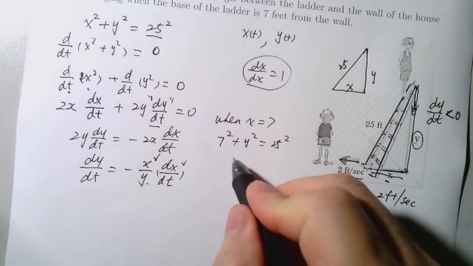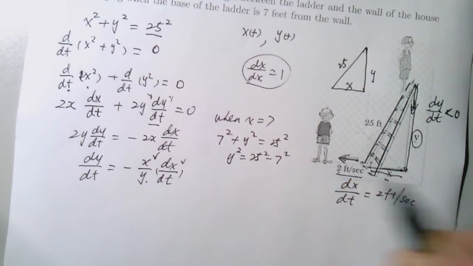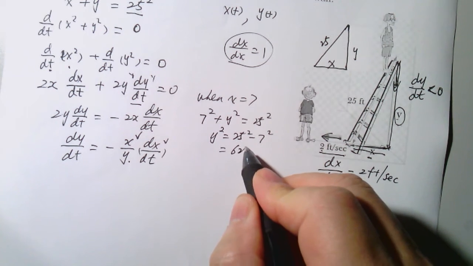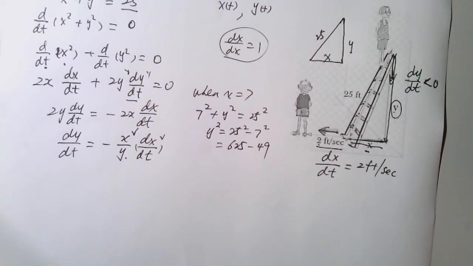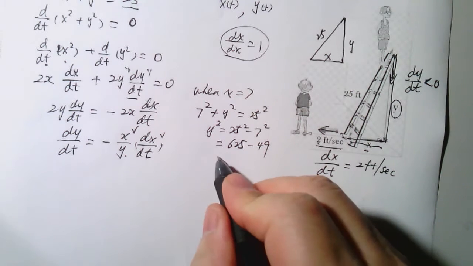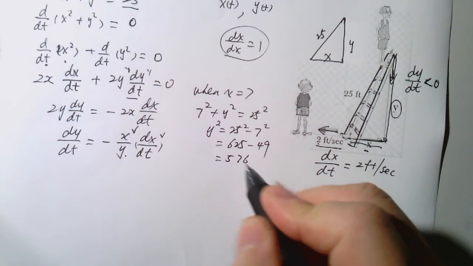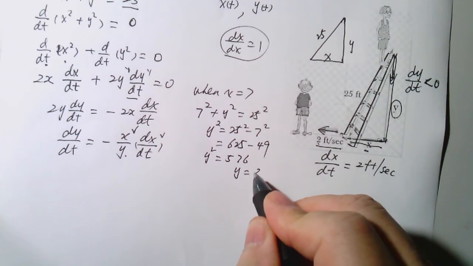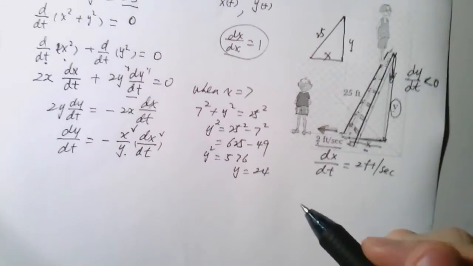So all we need is to solve for y squared. 25 squared is 625, minus 7 squared, which is 49, and subtracting gives 576. The square root is 24. So now we have y equals 24.